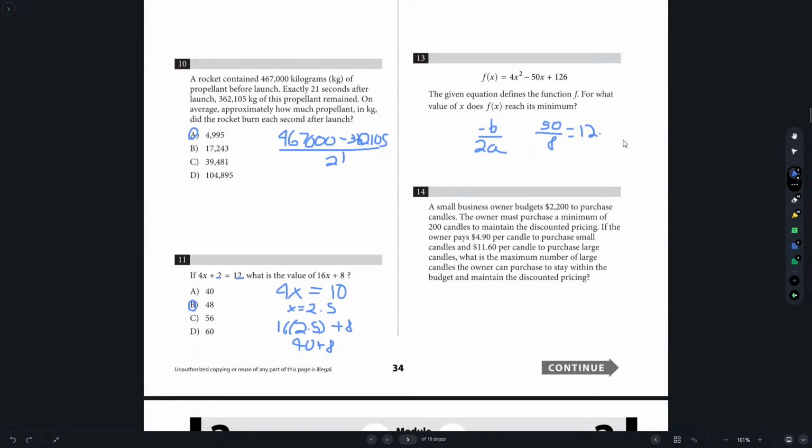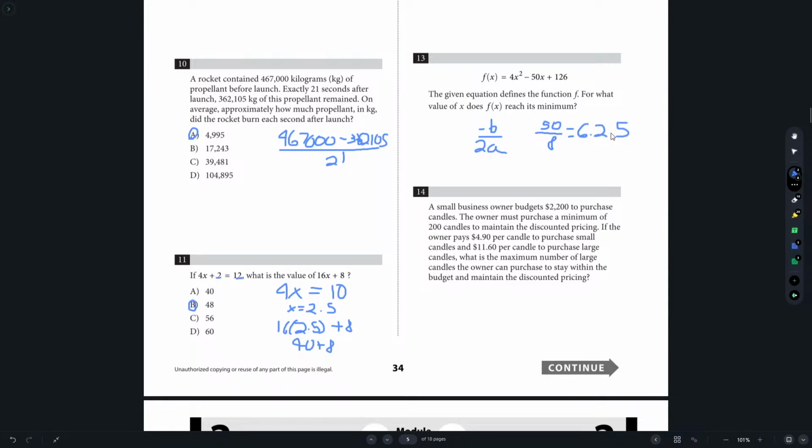No, that's not right. 50 over 8 is, let's see, 6.25. So at 6.25, x is at its minimum.